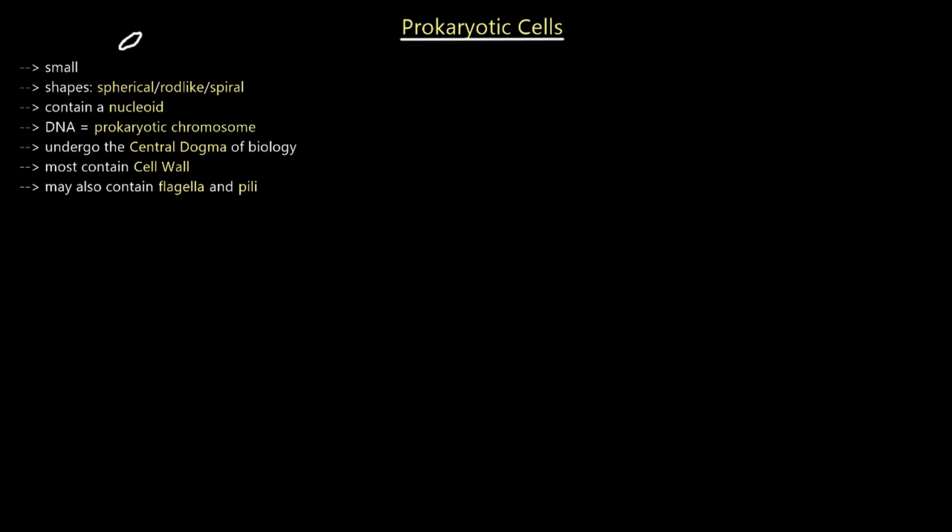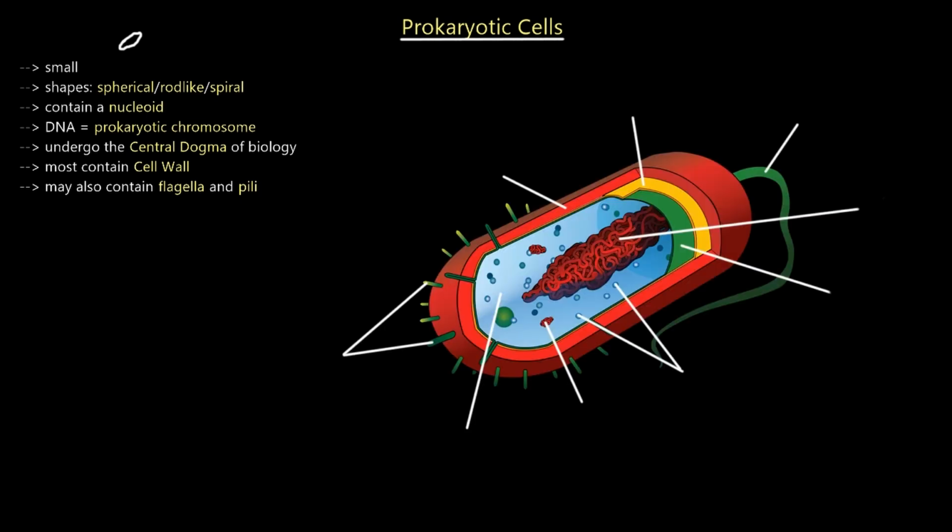Now, what about the shapes of a prokaryotic cell? They could be spherical, they could be rod-like, and they could be spiral. Those are the three typical generalizations of prokaryotic cells. And they contain this structure called a nucleoid. So we're actually going to define all these things, but remember, like we said earlier, that they do not have a nucleus.